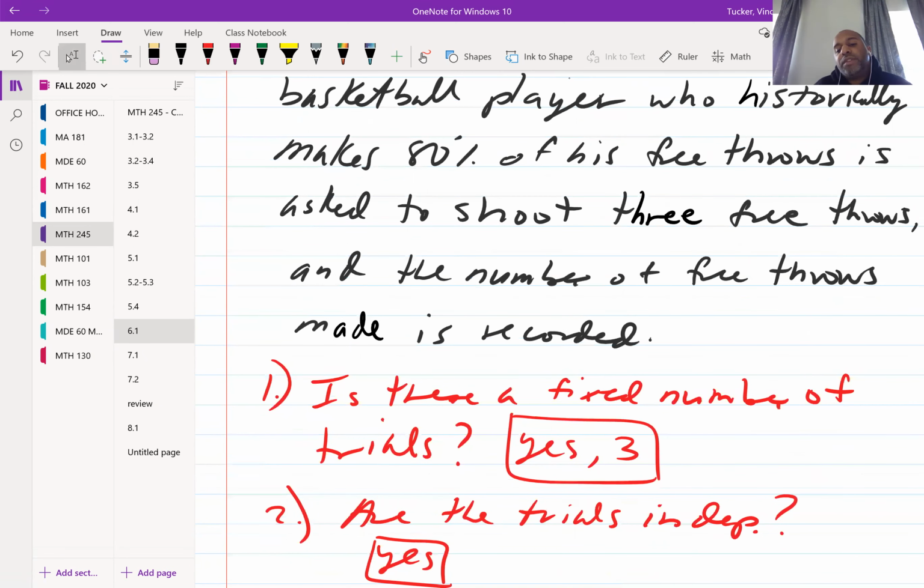Next one, are the trials independent of each other? Yes. Making one shot does not have anything to do with making another shot or missing another shot. Making or missing one shot has nothing to do with making or missing the next shot. So they are independent of each other.